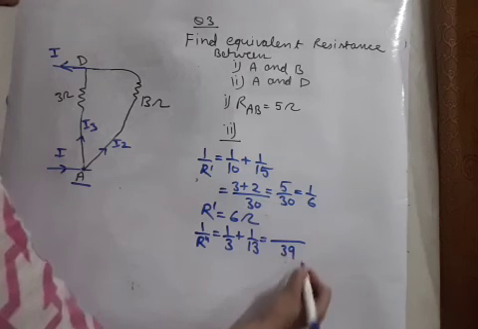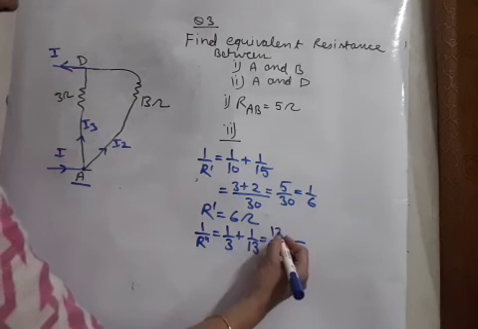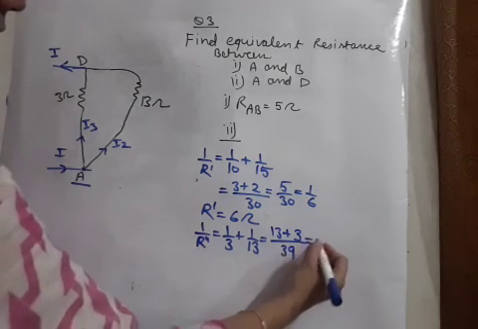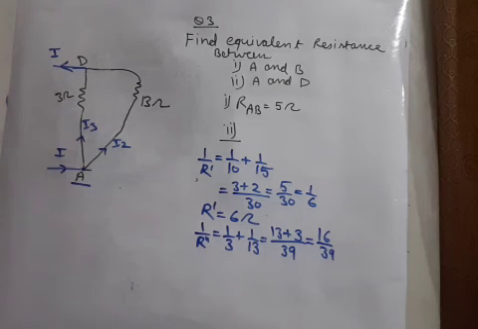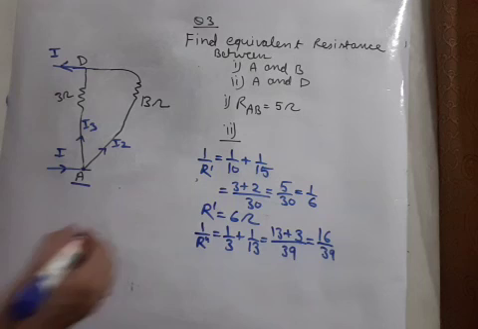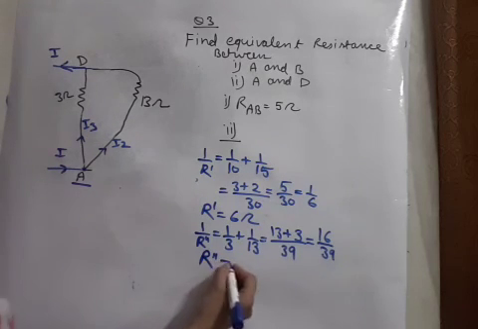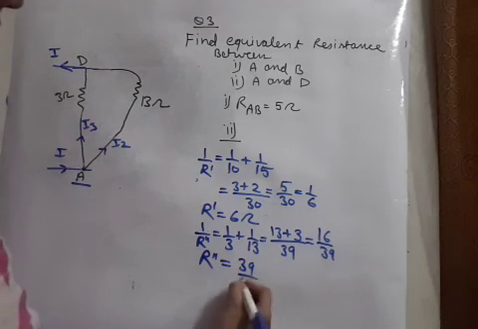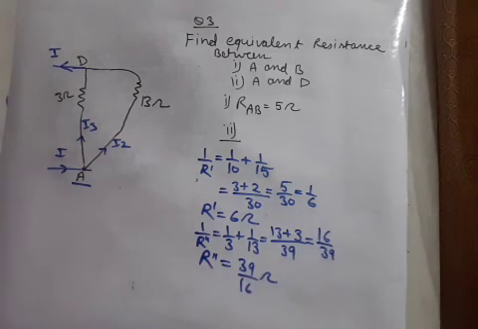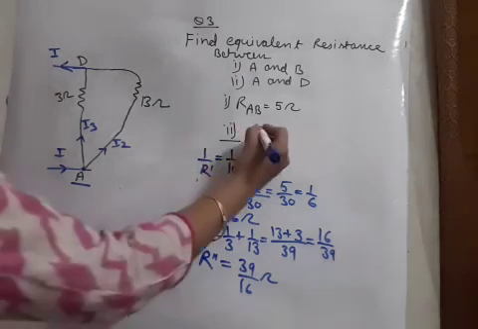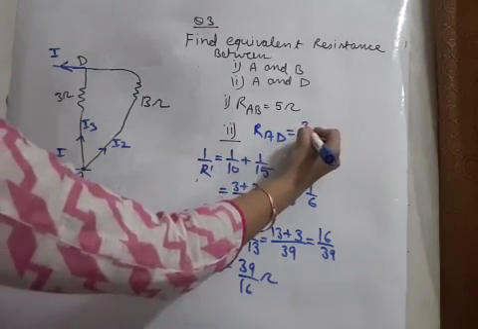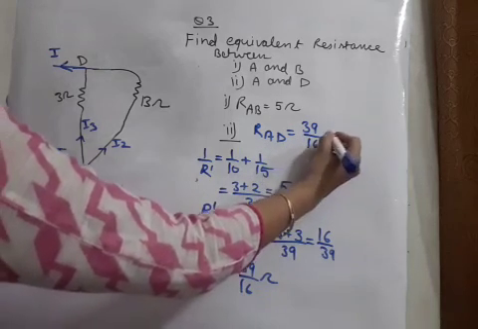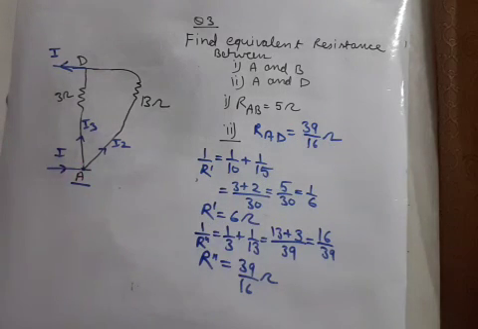LCM is 39. 13 plus 3 in the numerator. So 16 upon 39 is the answer for 1 upon R double dash. So the final answer, R double dash, will be 39 upon 16 ohm. So the resistance between AD is 39 upon 16 ohm. That's it.